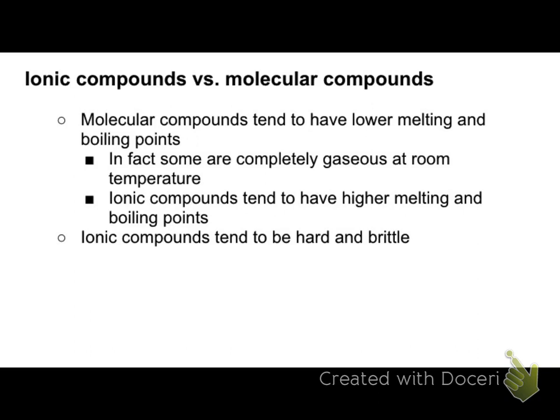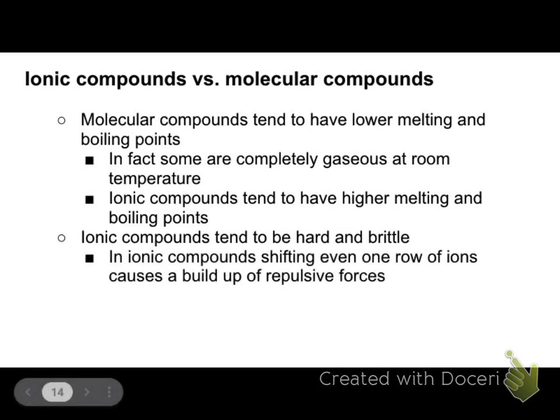The reason behind that is that in ionic compounds, you have that crystal lattice, right? And if you try to take a row of that lattice and shift it in any direction, you wind up putting like-charged ions next to each other. And that increases the repulsive forces by a large amount. So, as a rule, it's difficult to do that.